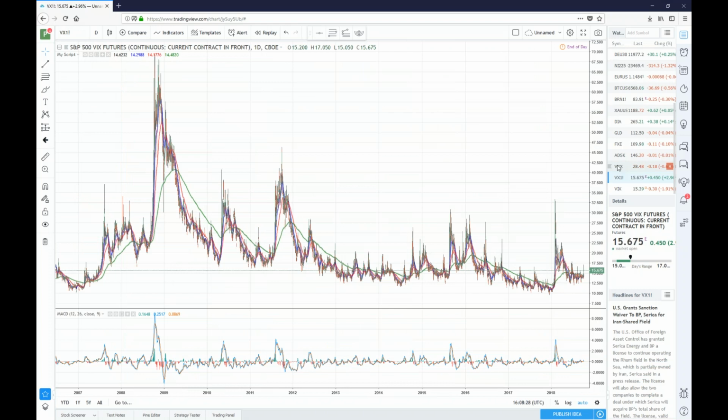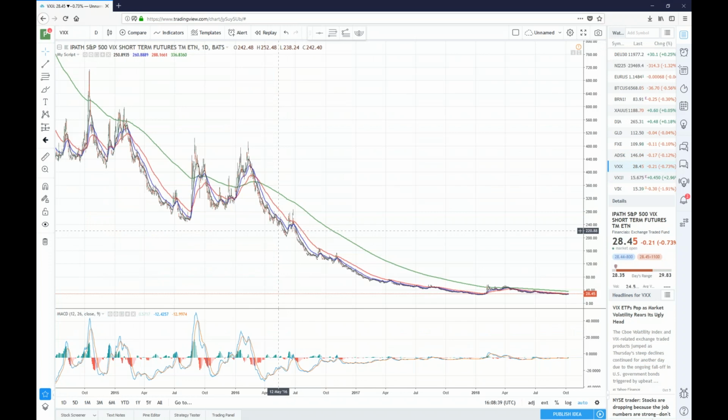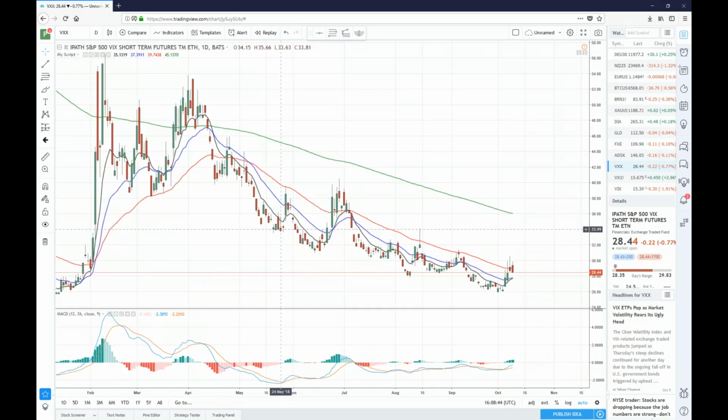Now, how can the VXX be so completely different from what we just saw? Those guys running the VXX, they must have some kind of instrument to replicate the type of structure that the VIX currently shows. And they have to adapt and do that every single time there are changes in the market. And this just means the operators of that fund, the fund managers, they have to use the VX futures.